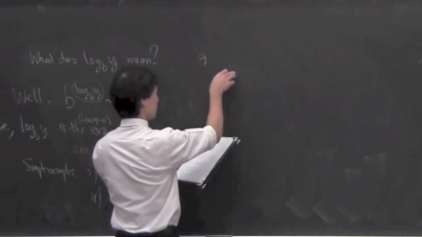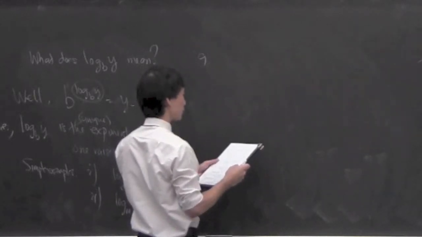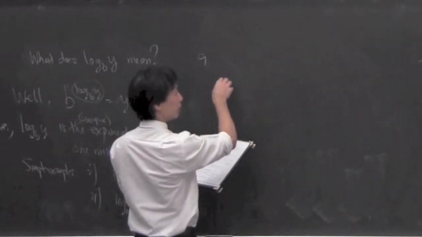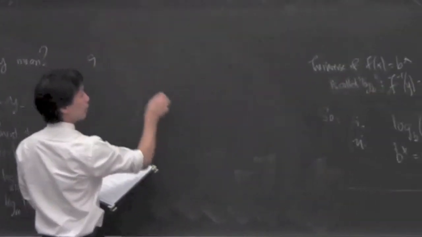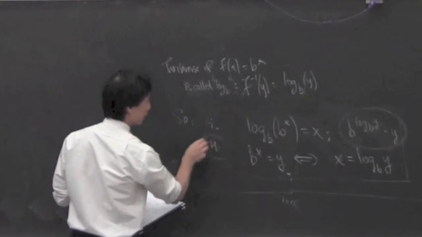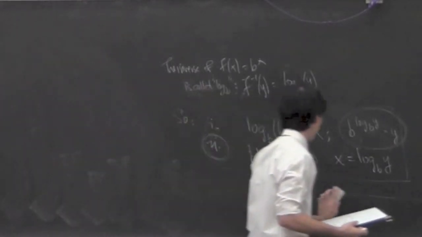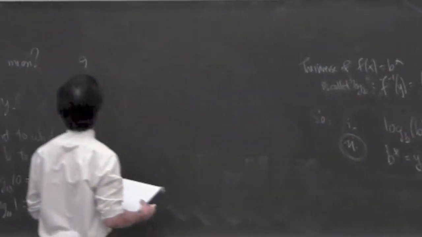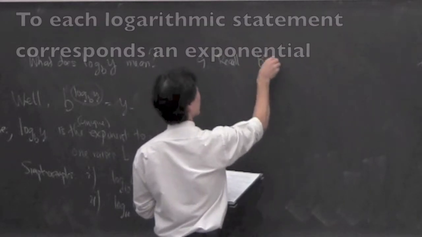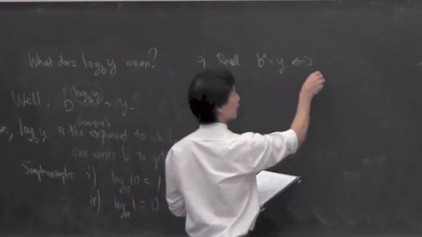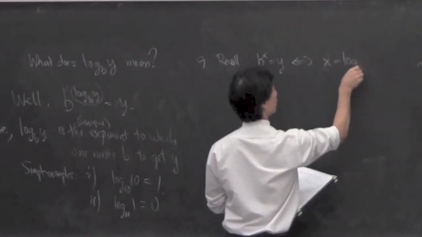Okay, so this is exercise 9 in the homework. So go to number 2. The way you want to think about the second property: recall that b to the x equals y is the same thing as saying that x equals log base b of y.